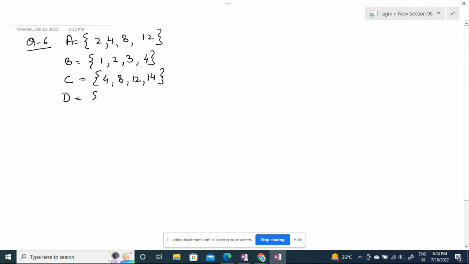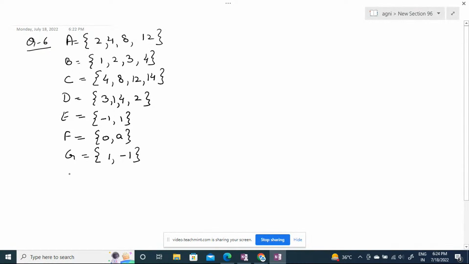D is equal to 3, 1, 4 and 2. E is equal to -1 and 1. F is equal to 0 and A. G is equal to 1 and -1. Now H is equal to 0 and 1. Now we have to find the pairs of the equal sets.